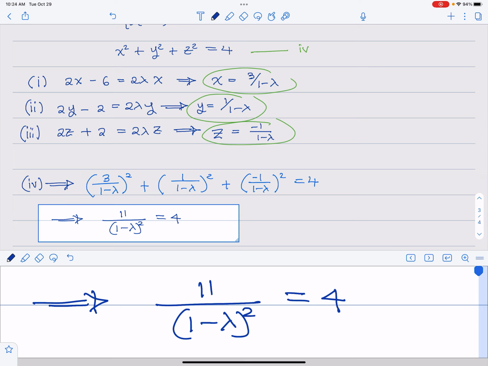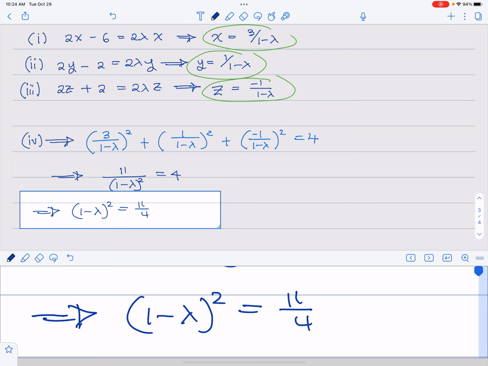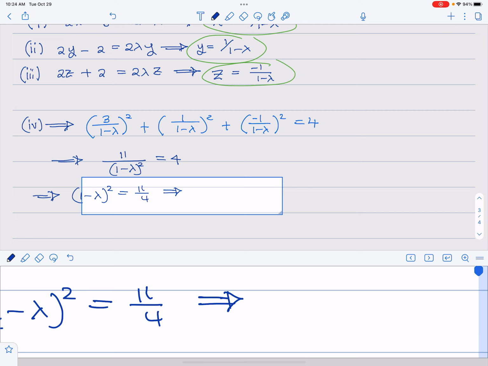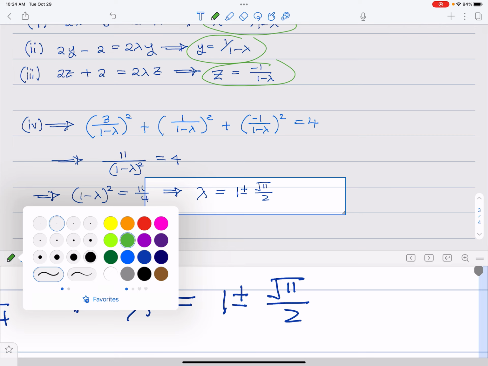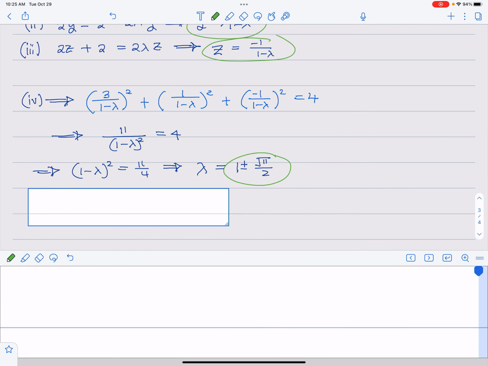And if we keep rearranging, you will get 1 minus lambda squared is equal to 11 over 4. And this tells you that lambda is equal to 1 plus or minus square root of 11 over 2. Okay, this looks a little bit involved. Can I deal with this now? I think so.